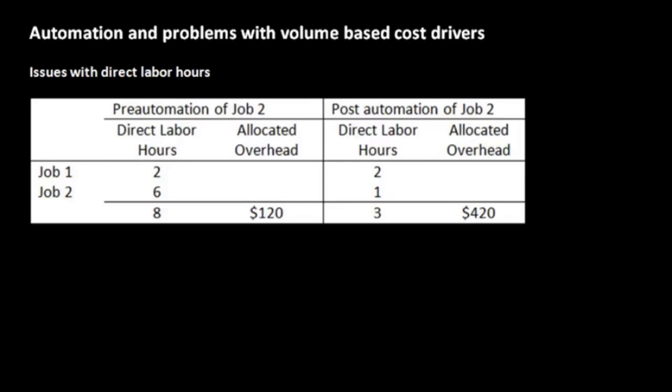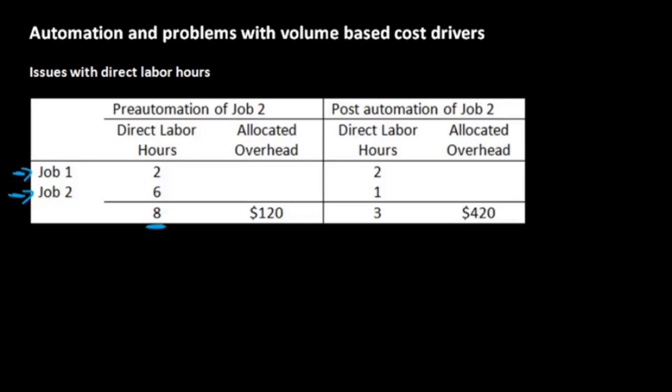But once we've introduced automation and machines, labor hours didn't work as well, and you can see that in this example. So let's say this is pre-automation of job 2. We have two jobs over here, job 1 and job 2. Job 1 uses 2 direct labor hours, and job 2 uses 6 direct labor hours.